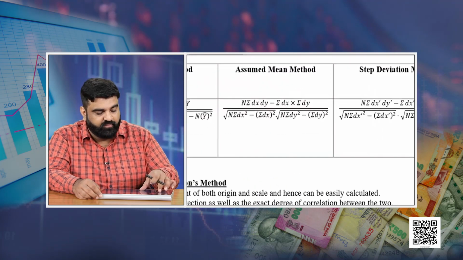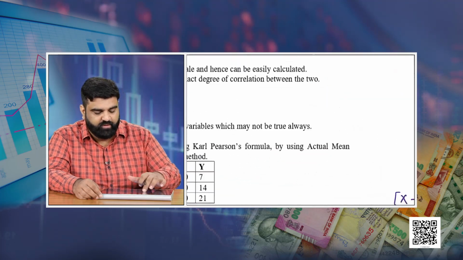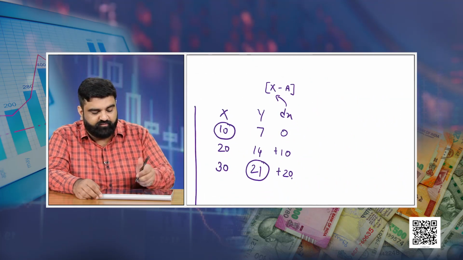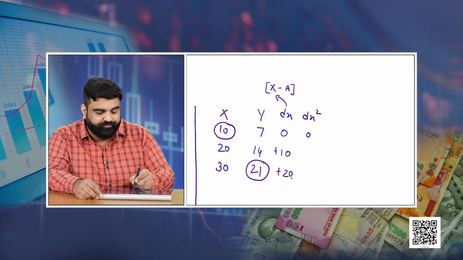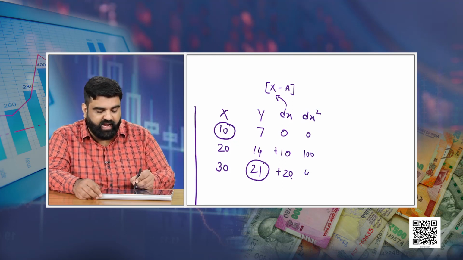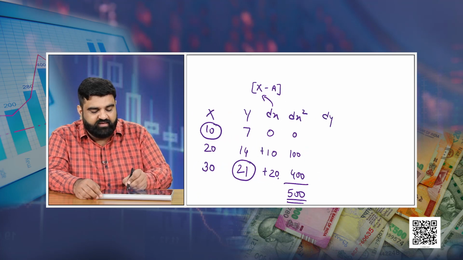Now, I also need the value of dx square because it is to be used here. So, let us find the value of dx square which will be 0, 100 and 400. This will give me a value of 500. I also need to calculate the value of dy.